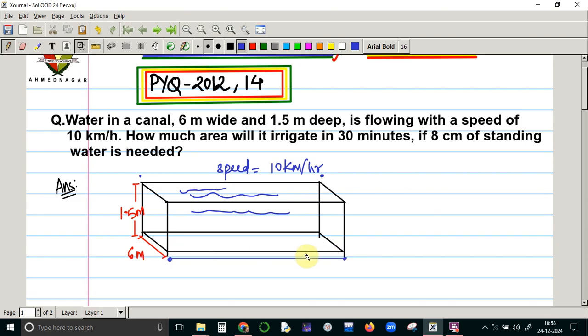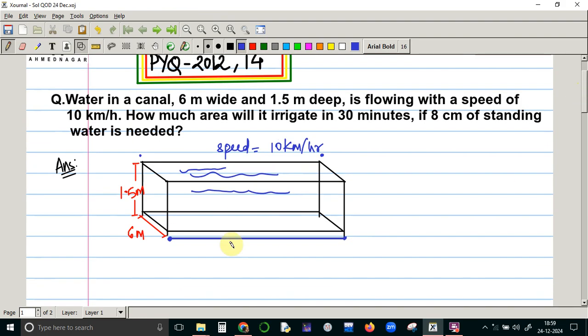This means that the water collected in 30 minutes will be covering this much length. So we have to find the distance traveled by that water particle from this point to this point. That will be considered as the length of this cuboidal canal.